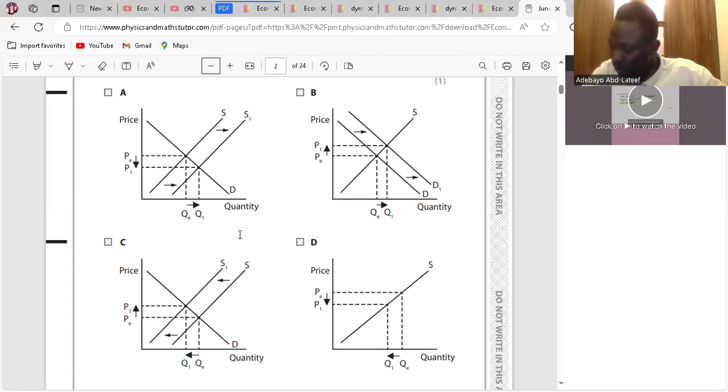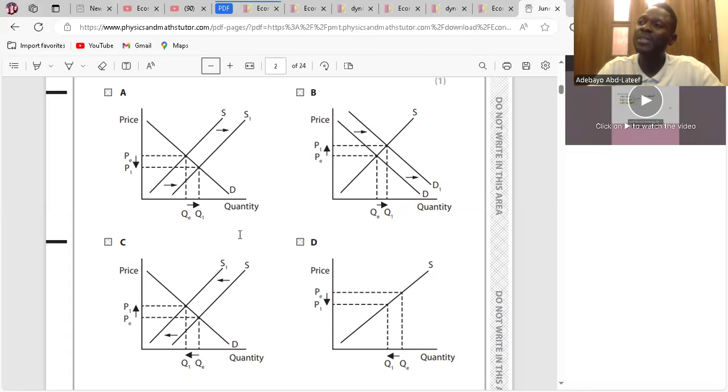B, which is the answer anyway, but I'm going to explain. Do you get that? Okay. A fall in the price of motorcycle will increase the demand for motorcycles, which has a complementary good, which is helmet.